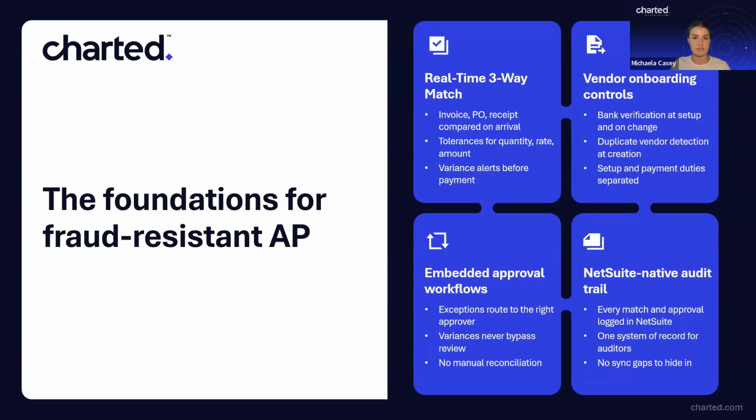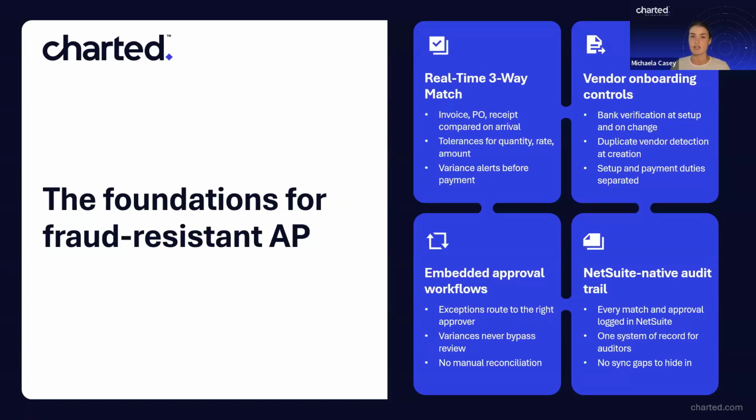And those tolerances can be controlled based on quantity, rate, amount, and one or the other, a combination of the 3. And then that variance alerts before payment, because a variance you find after payment isn't necessarily control. It's more so a stressful recovery project.